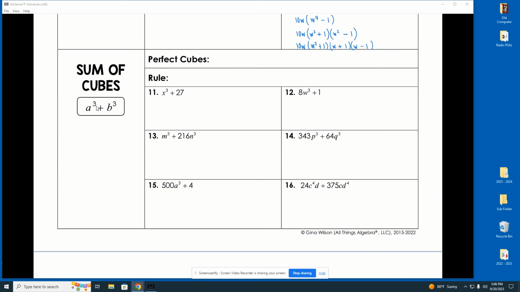So we're factoring these using a different method. So listen, it's the one time a binomial will factor into a binomial times a trinomial.